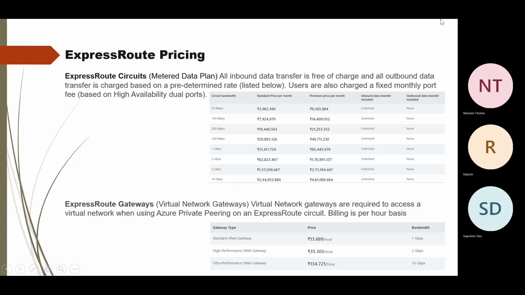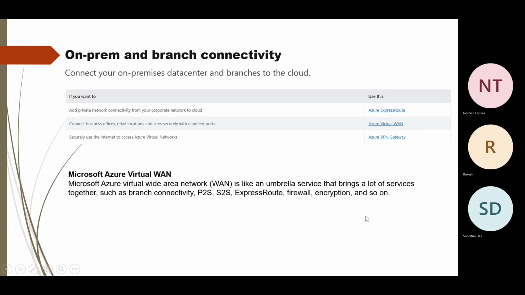If you want to copy the data from Azure to on-premise, then there are some charges, nominal charges. So if you see the Express Route gateway, here we have standard, high performance, and ultra performance. So this is the gateway size charges, and then this is the bandwidth. Okay, so things are different.